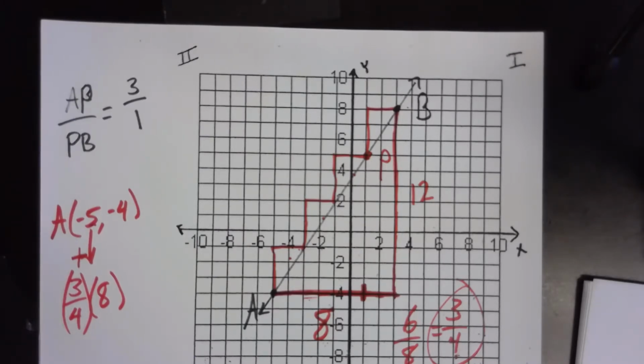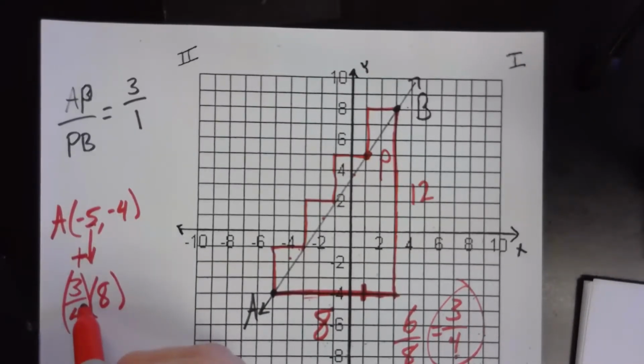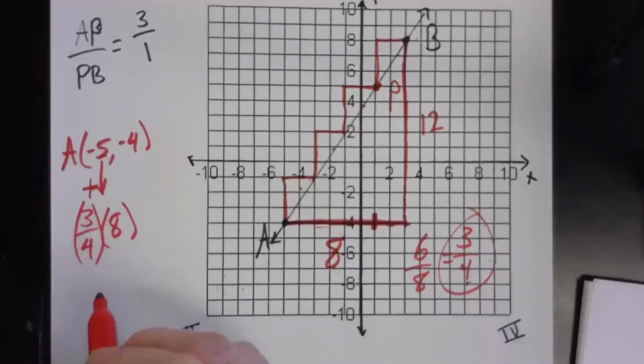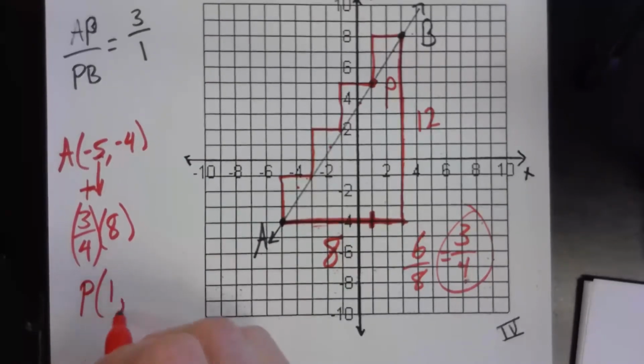What's 3/4 of 8? 6. -5 plus 6. 1. We're going to go over to 1. Okay? So point P is going to be 1 something.